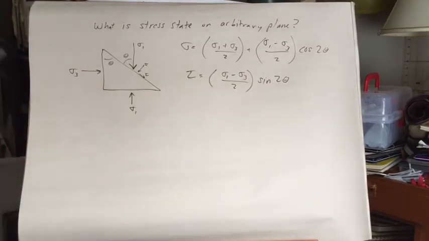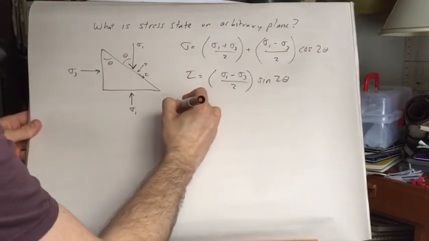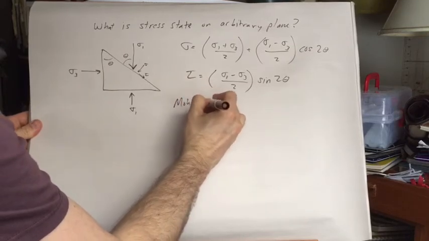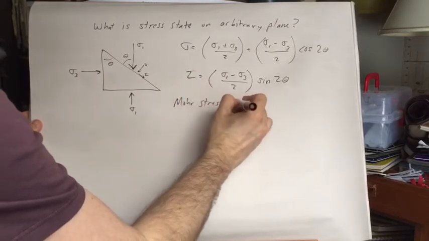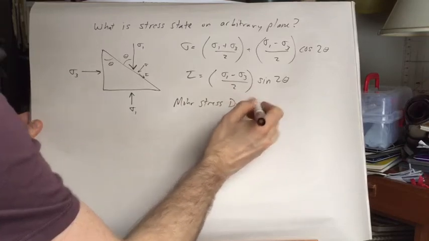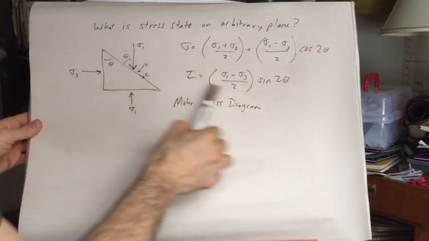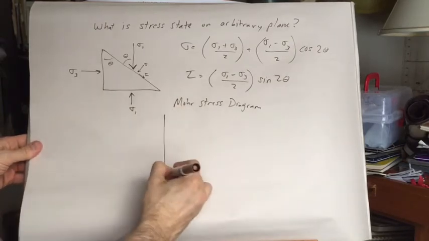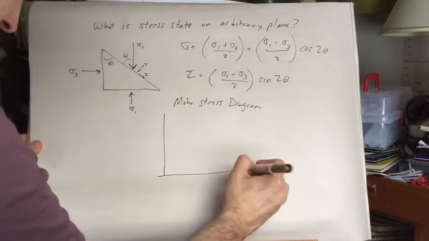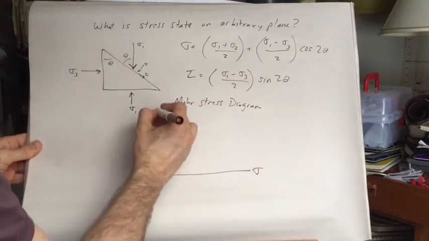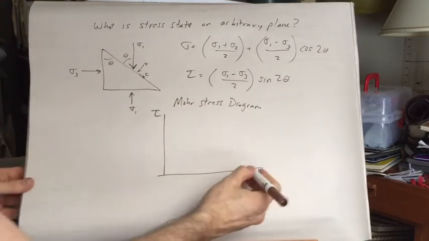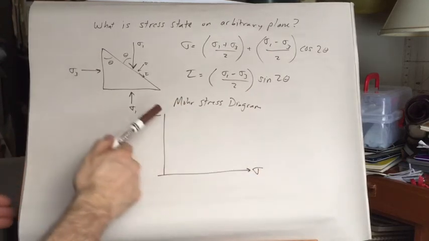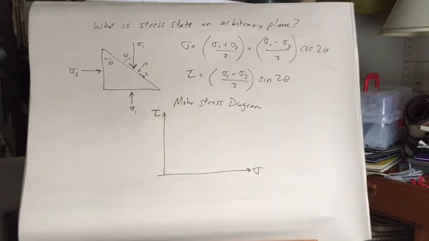These equations can be visualized with something called the Mohr stress diagram, a graphical way of plotting those equations. We put normal stress on the x-axis and shear stress on the y-axis.